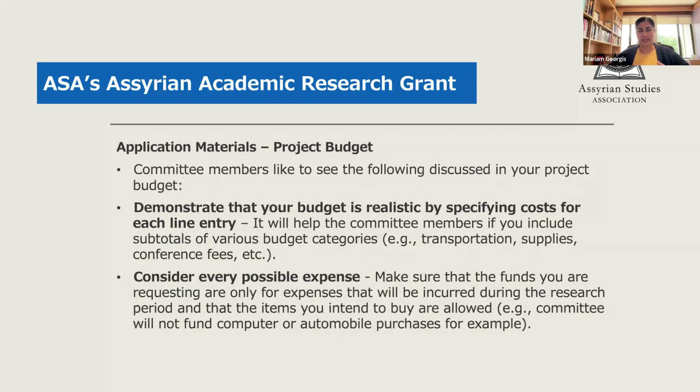The first is to demonstrate that your budget is realistic by specifying the cost for each line entry. It will help us if you include subtotals of various budget categories like transportation, supplies, conference fees, etc. Most of the time you can look these up if you haven't done them yet, because we understand that it might be an estimate, but it's still important to outline them all.